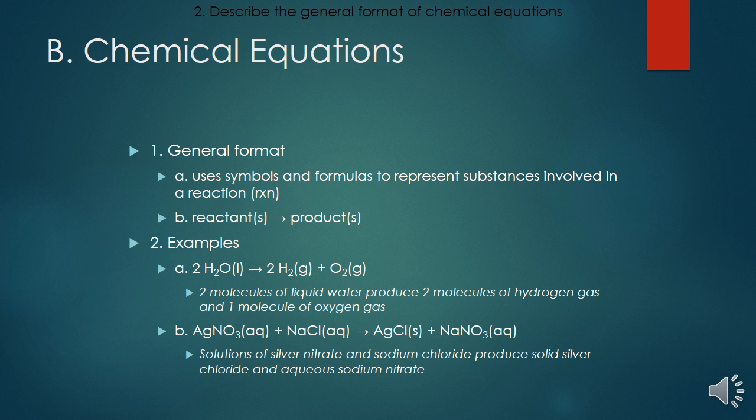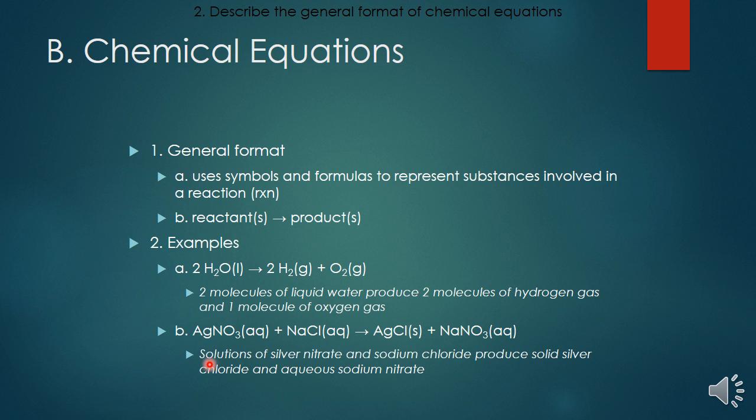Now, the only real new thing we have in this equation compared to the last one is this symbol AQ. And notice in the sentence here, we're told that these two reactants are solutions of silver nitrate and sodium chloride. Well, the reason we put the symbol AQ there is it stands for the word aqueous, and actually that word is used later on in the sentence. We can see here aqueous sodium nitrate. When something is aqueous, that simply means it's dissolved in water.